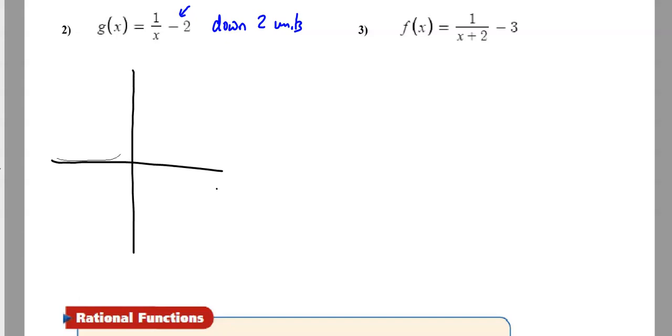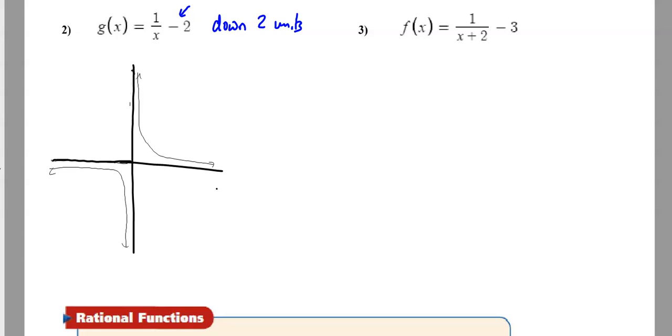The parent function, whoop, I was in the wrong quadrant. Sorry about that. So the parent function, the original, does that and does that. And now all we want to do is just shift that down 2 units.